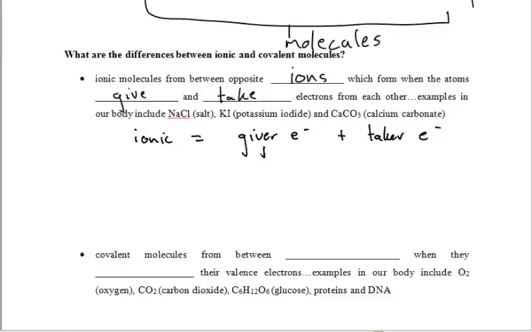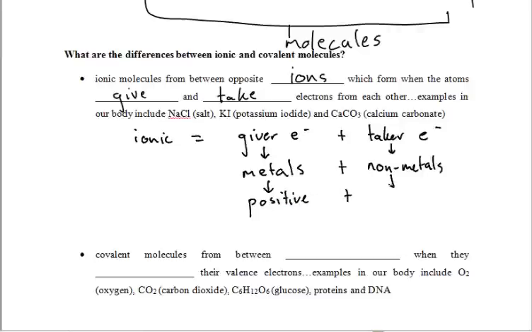Givers, if we look on the periodic table, are typically metals. So ionic compounds form between metals, and takers, which are typically nonmetals. And when you give up electrons, you become positive, so it forms between positive ions.